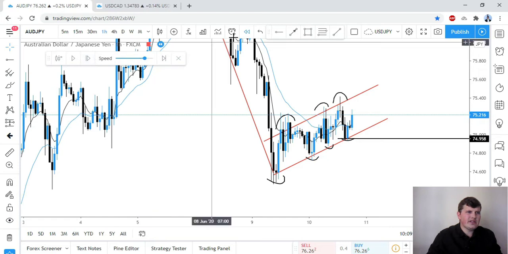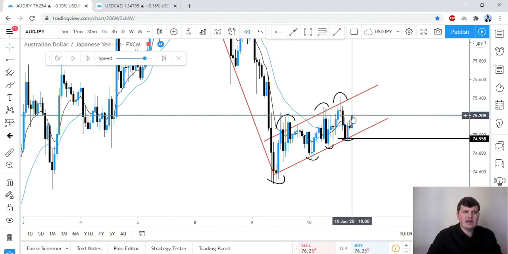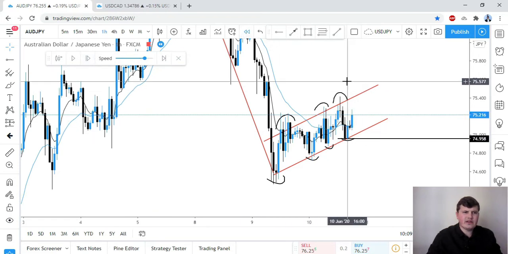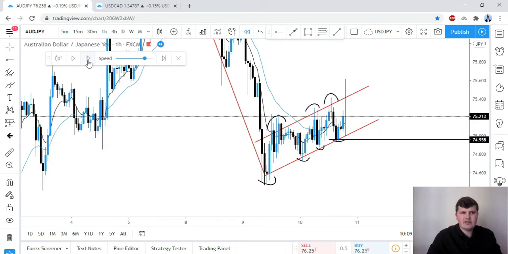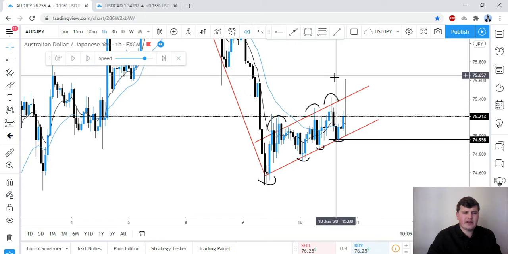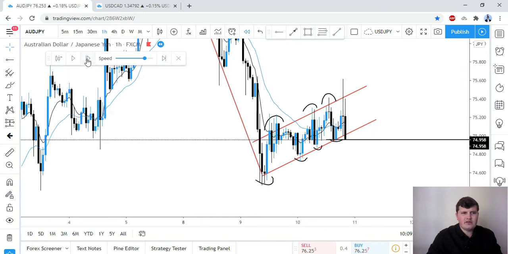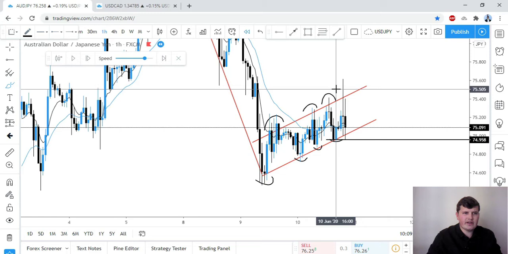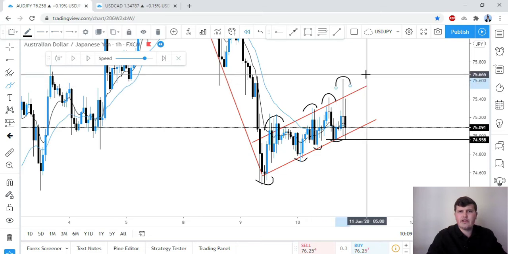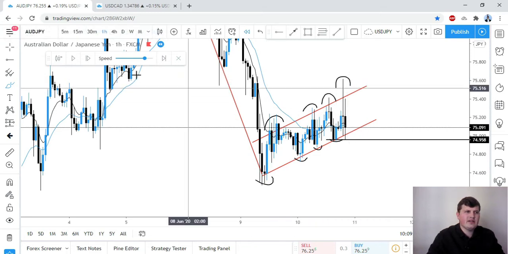So using this replay bar tool, I'm just going to give you guys a real life view of how this chart played out. As you can see, price spiked upwards. The next candle it moved lower, so this is another resistance area then in this bear flag.